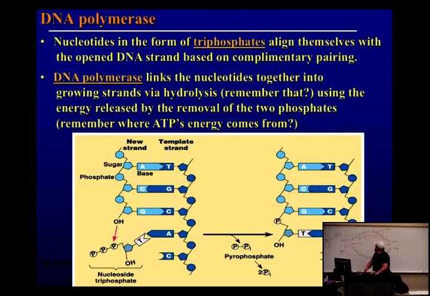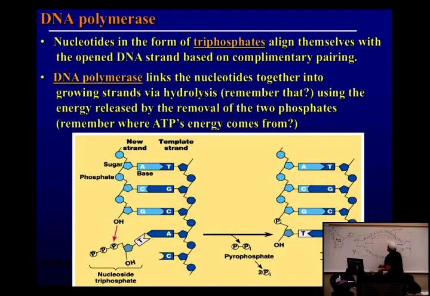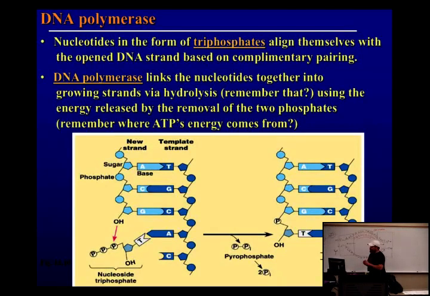So let's see, this is the end, this is 3 prime. There's an O there. All right. I'm just going to make it scan the whole thing. All right, so which way is it going to copy this then? Or is it going to go both directions?